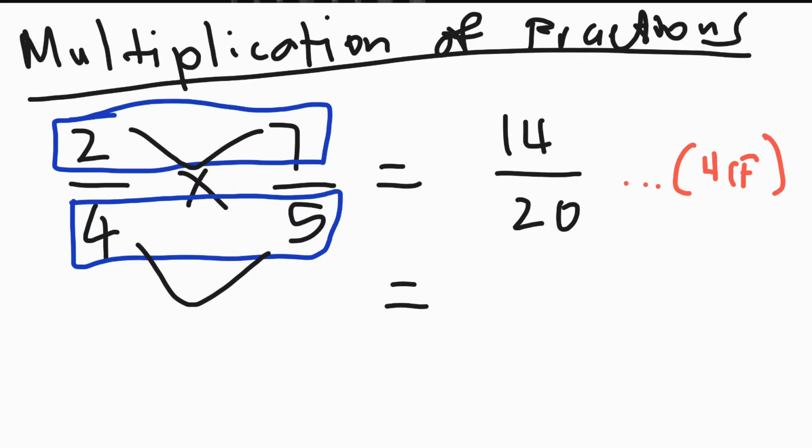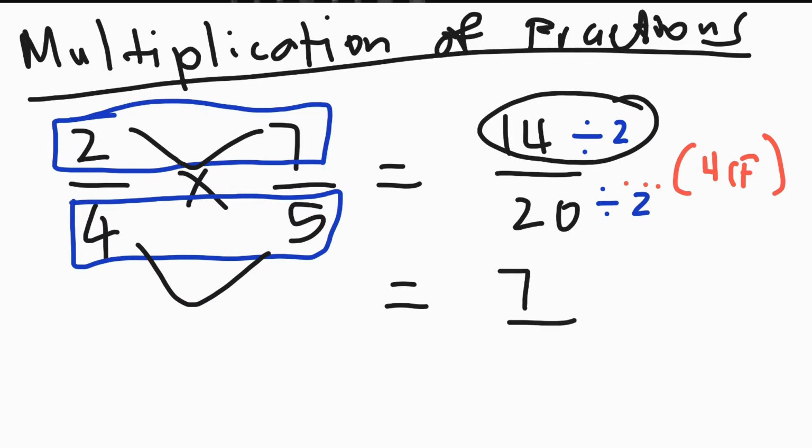So what is your HCF, guys? Your HCF in this case would be 2. Okay, so we know 14 divided by 2 is going to give you 7, and 20 divided by 2 is going to give you 10. Okay, and now it's in its simplest form.